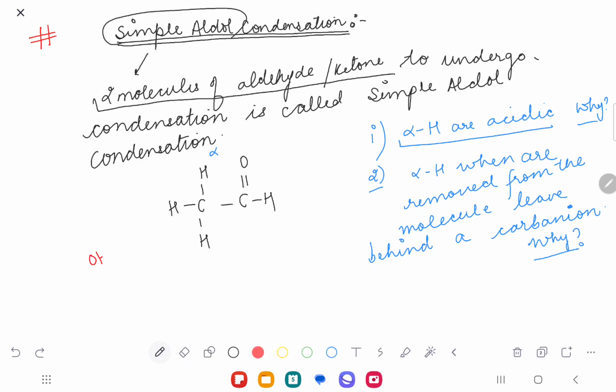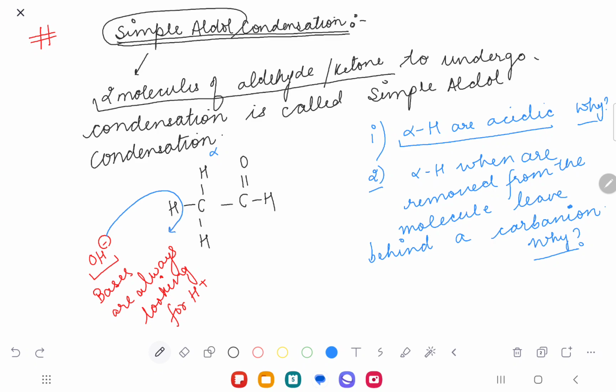Let us suppose there is this OH negative ion, and OH negative is a base, and bases are always looking for H plus. So this OH negative goes and attacks this hydrogen. Why so? Because carbon's electronegativity is 2.4 and hydrogen's electronegativity is 2.1.